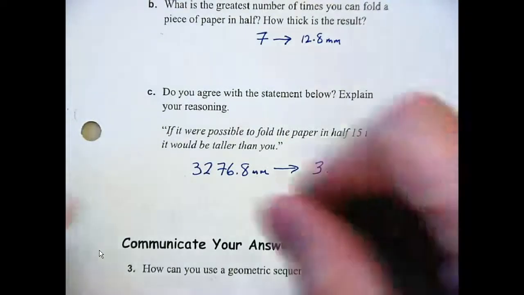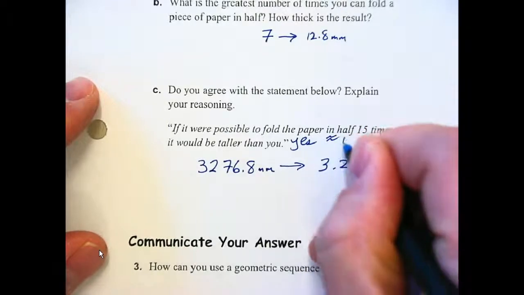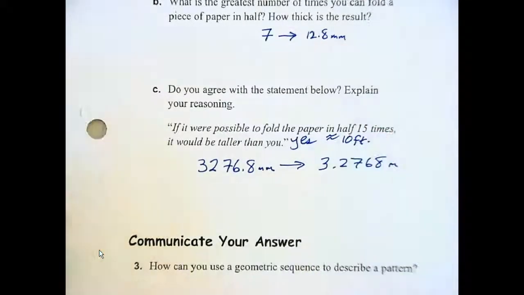So would this be taller than you? Yeah. Approximately 10 feet. Isabella? Well, the paper you were folding continued to get thicker, right? So if you kept folding it 15 times, it's going to keep continuing at that thickness. It's going to be taller than you. It's theoretical.